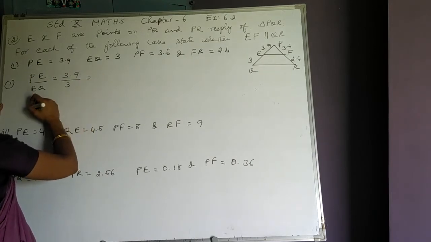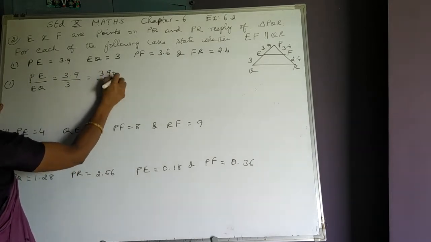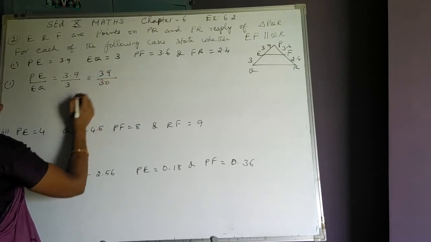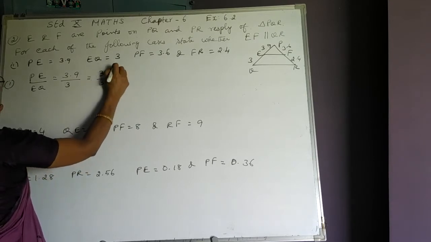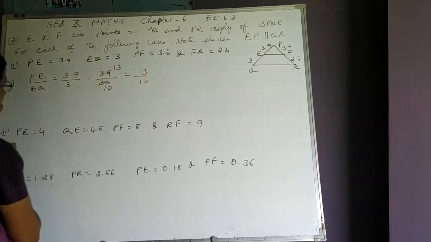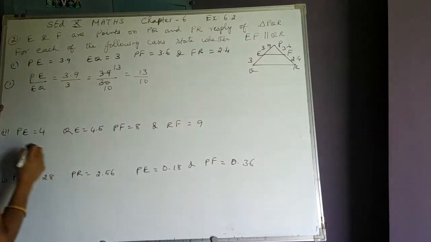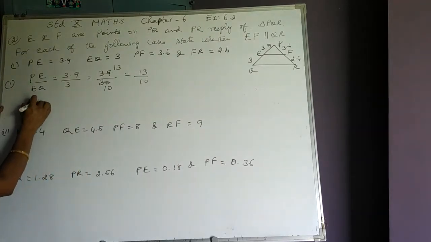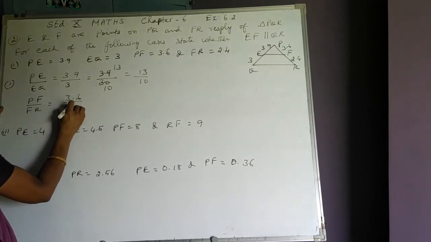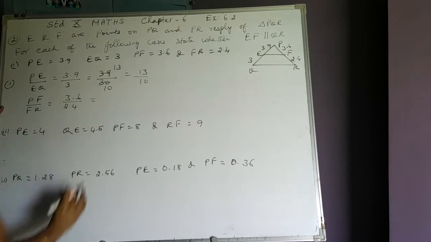So if you cancel, you will get 39 upon 30. You cancel, you will get 13 upon 10. Now I find PF upon FR. PF is 3.6, FR is 2.4.